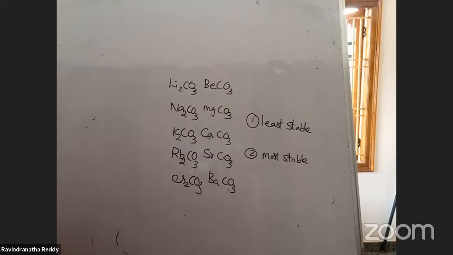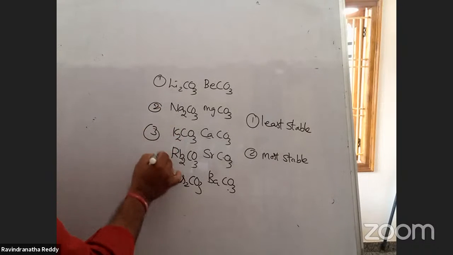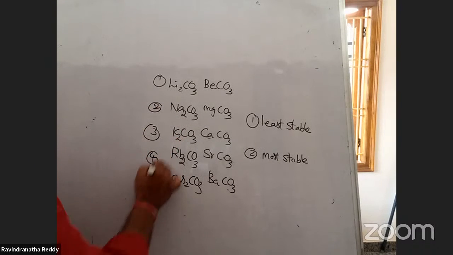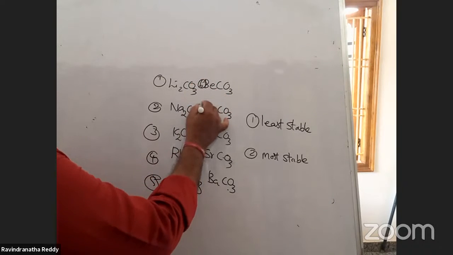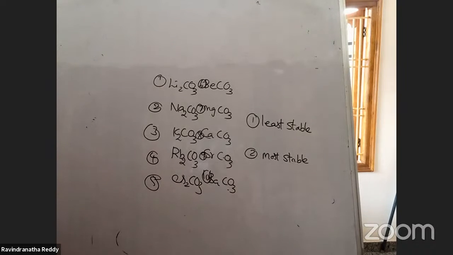So you take this one as compound number 1, this is 2, 3, 4, 5, and this is 6, 7, 8, 9, 10. Which compound is least stable? Six is least stable. Very good.